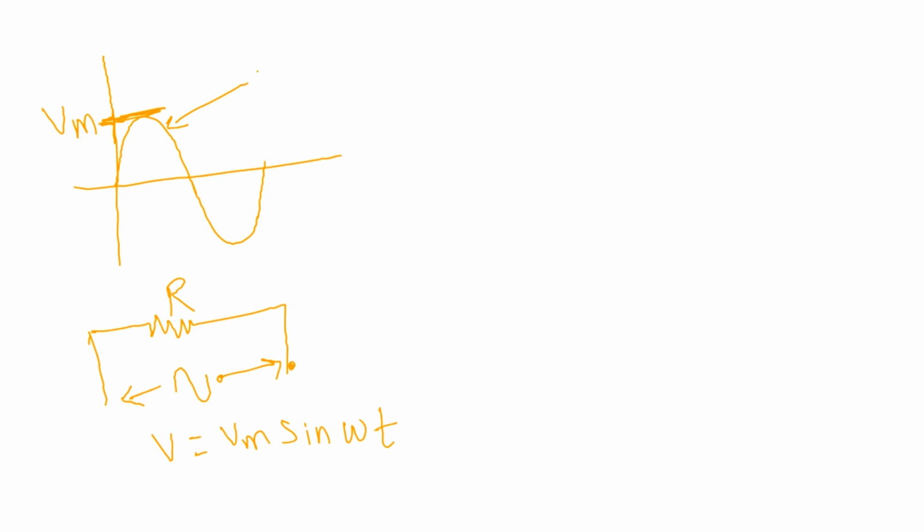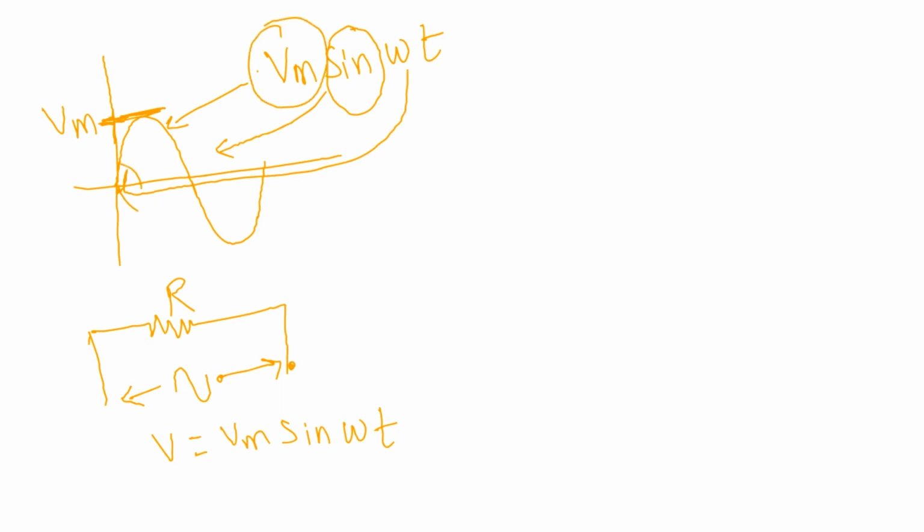Voltage V equals Vm sine of omega t. Sine is this signal. Omega t is the angle for this signal, and Vm is the amplitude for this signal. Clear? And t is the time instant at which this signal is varying.